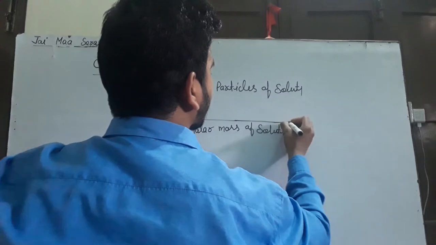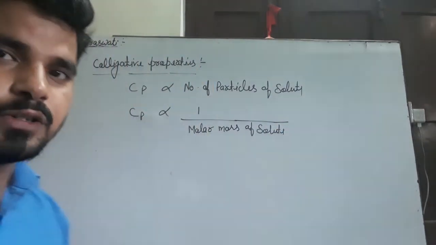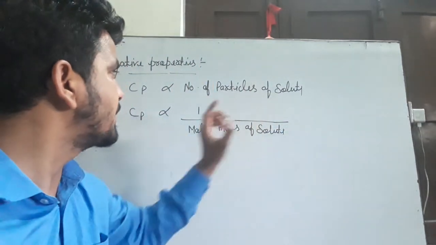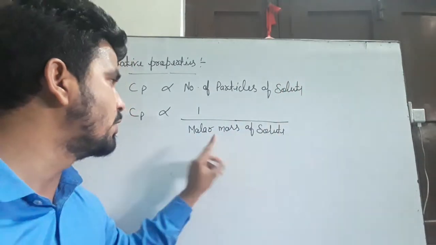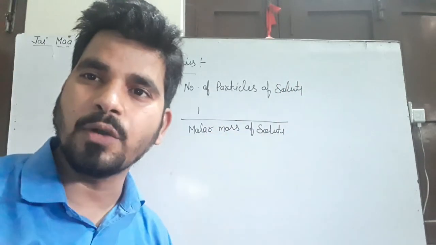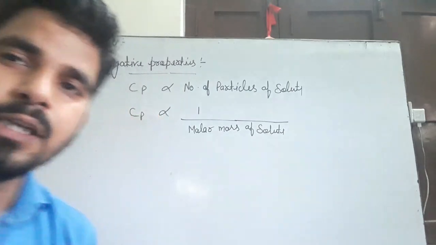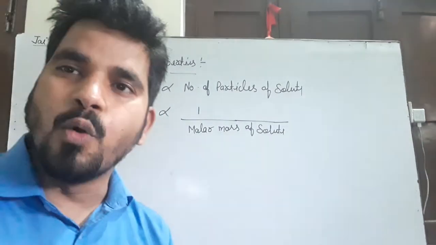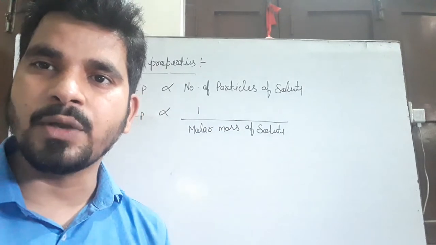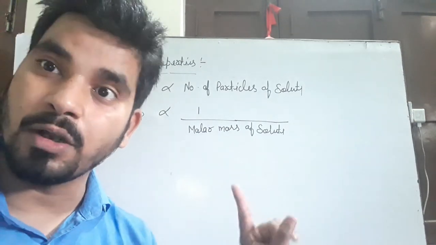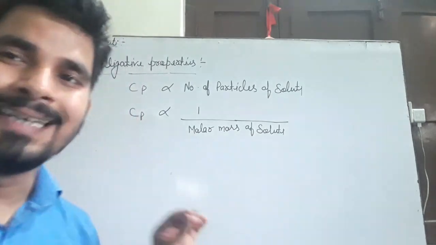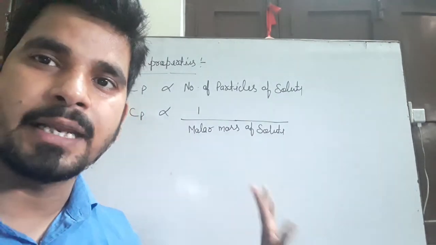Why is it inversely proportional? Listen everyone, later on I will explain how it is inversely proportional in van't Hoff factor, but as an introduction I am telling you a little bit.